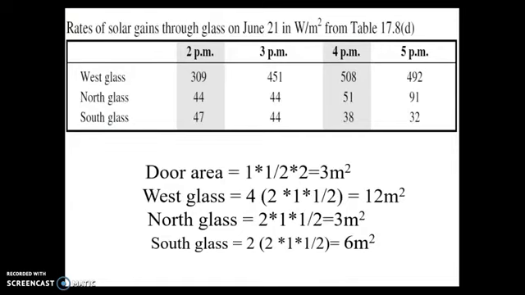Then in the problem, they observe the solar radiation on the windows in watt per meter square unit. They gave the data in the table, and we find the area of the doors and area of the windows.